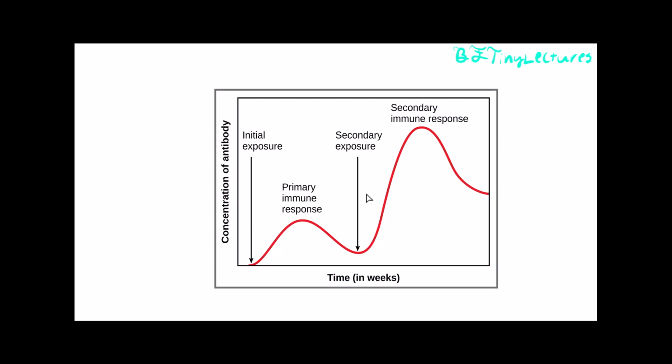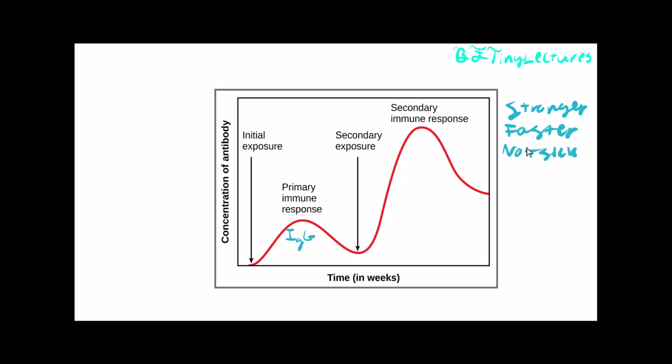And here we just have a picture that shows that during the primary immune response, we have a low concentration of antibodies. So we have a low concentration of, let's say, IgG. However, during the secondary exposure, if we're infected with E. coli again, we have a faster secondary immune response. And this secondary immune response is going to be stronger, it's going to be faster, and I'm not sick.